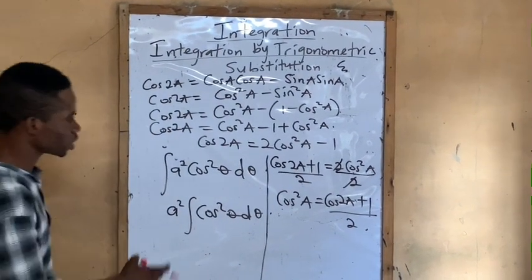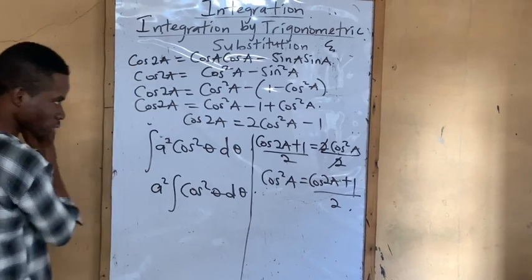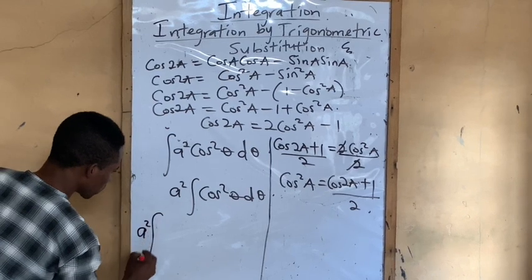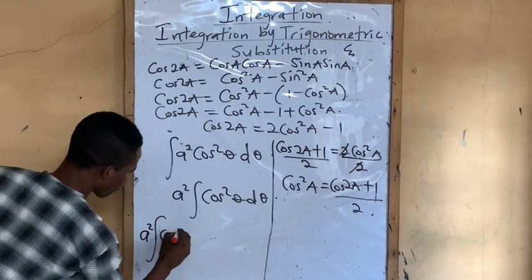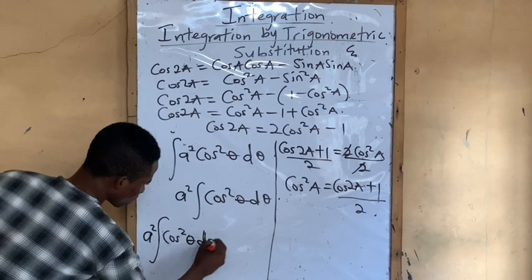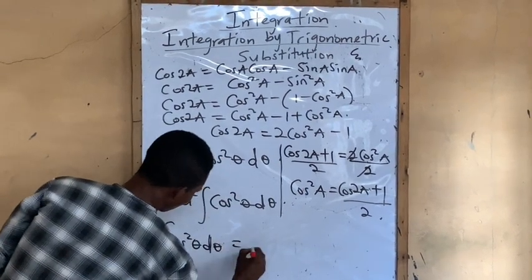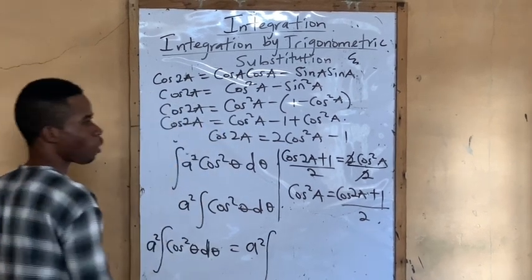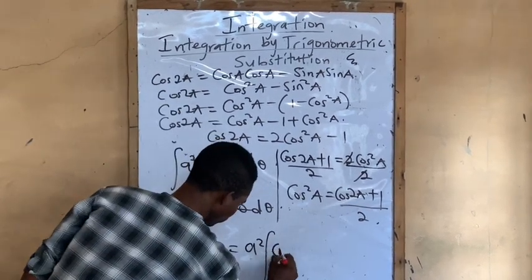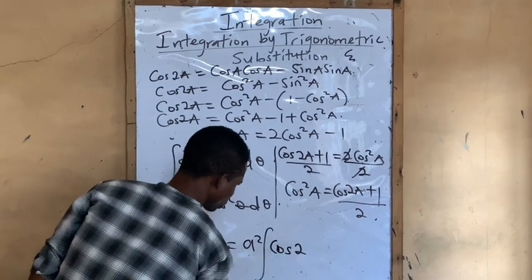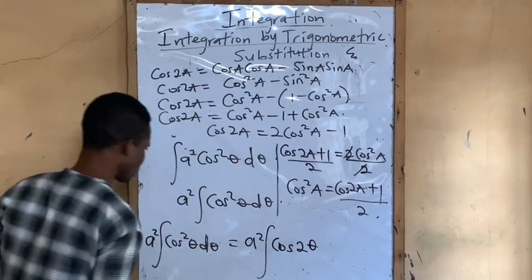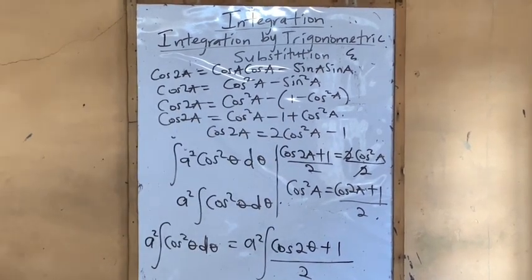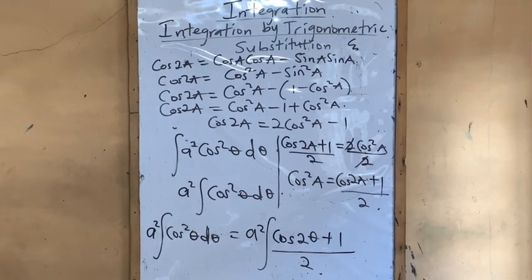Exactly that is what I want to bring in. So for a square integral of cos square theta d theta, that will equal a square integral of cos 2 theta, I'm using theta now, plus 1 all over 2.